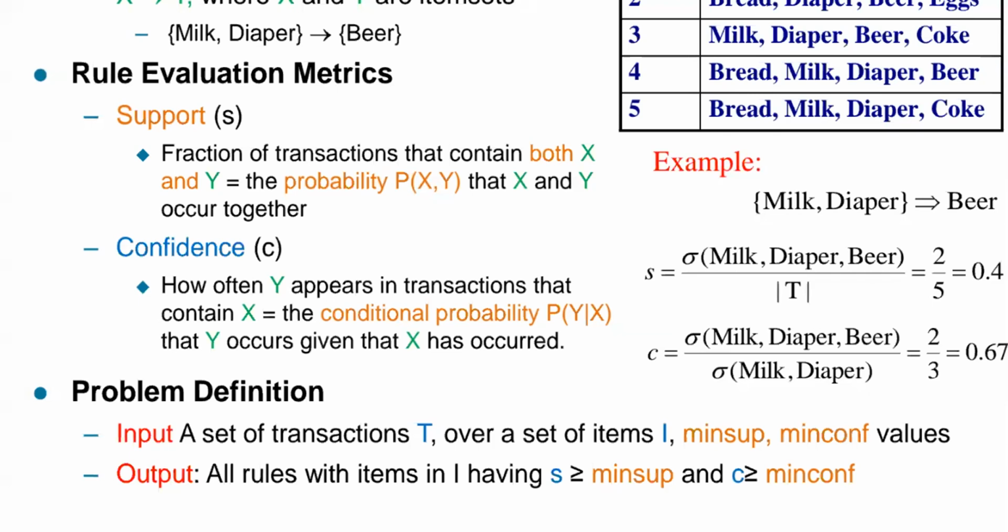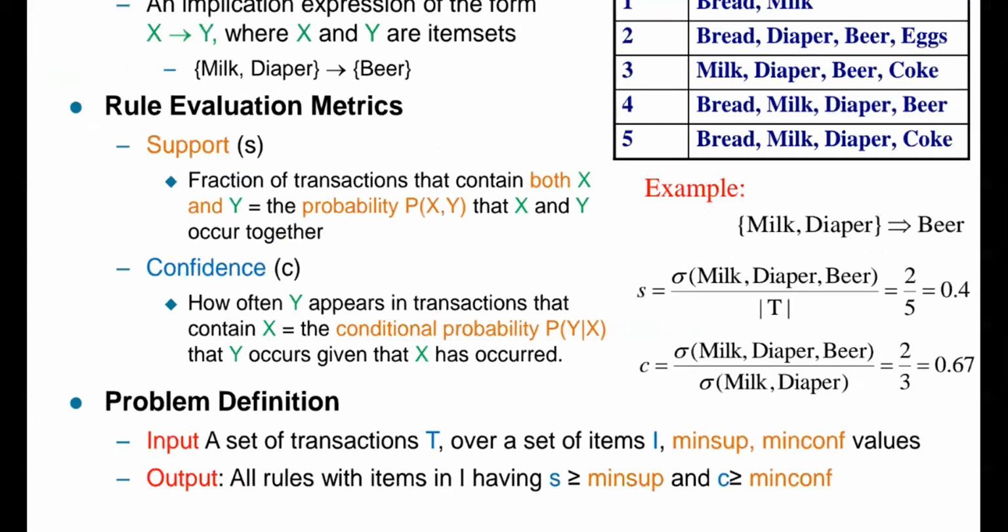This is the very important point. So this is mining association rules for the given example.